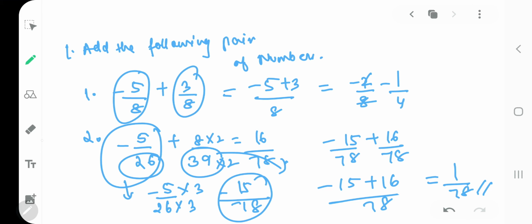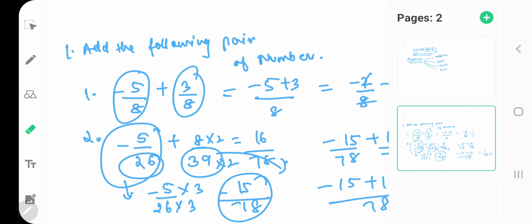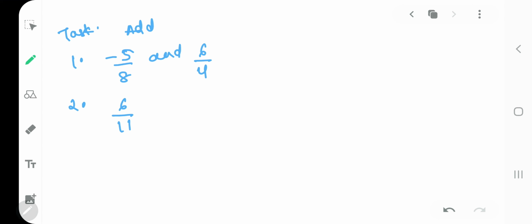Is that clear? Similarly, my dear kids, you have to solve for number 1. That will be your task. Number 1, minus 5 by 8 and you have to add 6 by 4. Number 2, 6 by 11 and minus 9 by 11.